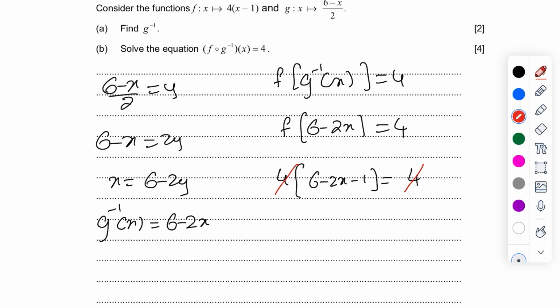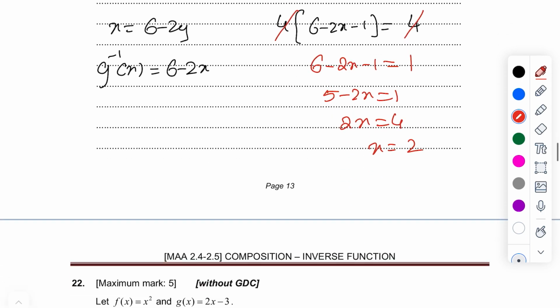From there I should be able to get the value of x. So 6 minus 2x minus 1 equals 1, so 5 minus 2x equals 1, so 2x equals 4, so x equals 2. That's going to be the answer.